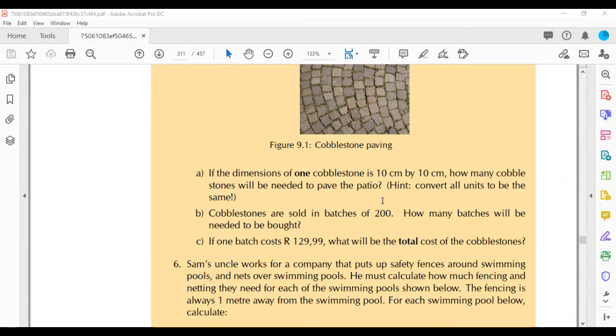How many batches will be needed to be bought? So we're saying 200 bricks is equal to 1 batch, isn't it?